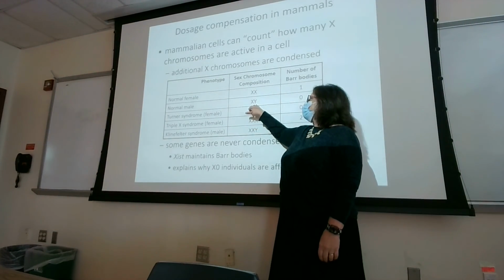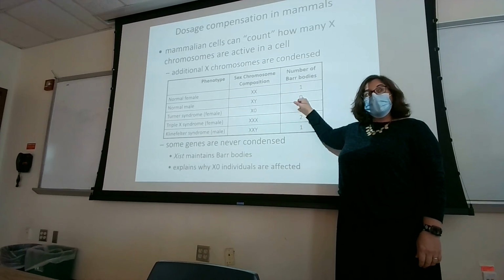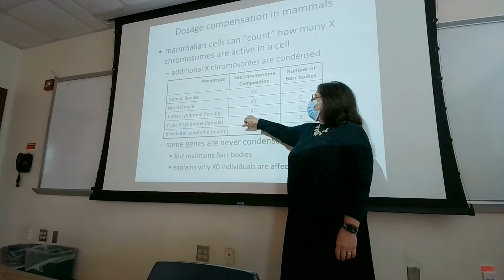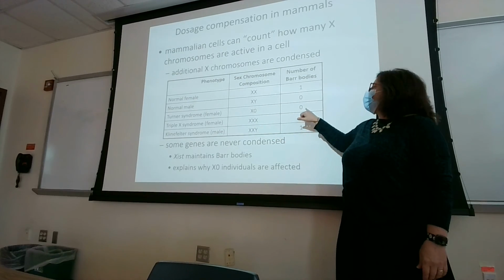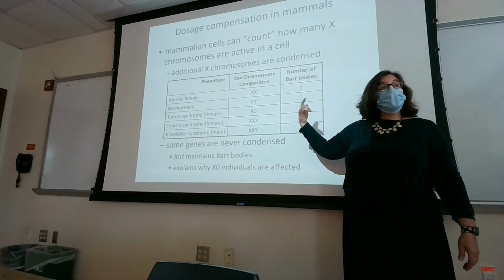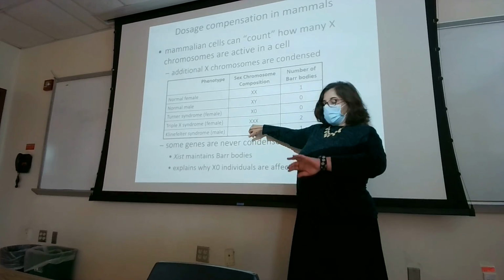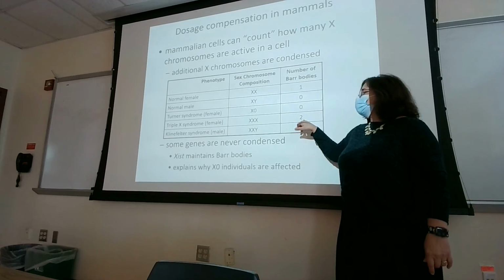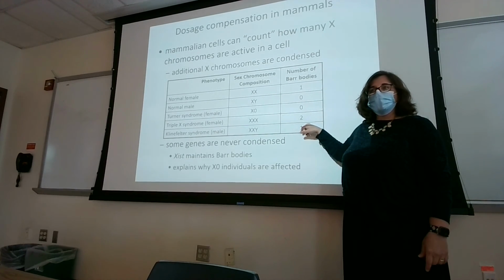Normal males are an X and a Y, that means they have 0 bar bodies, or 0 inactive X's. Someone who has Turner syndrome, which just means they only have 1 X, has no bar bodies. So you can have a female with no bar bodies. However, if you have triple X, you have 2 extra X's, so you're going to have 2 inactive. Each cell will have 2 bar bodies.